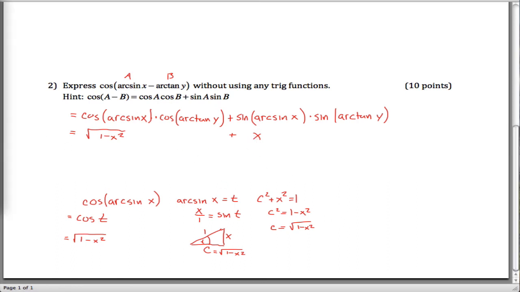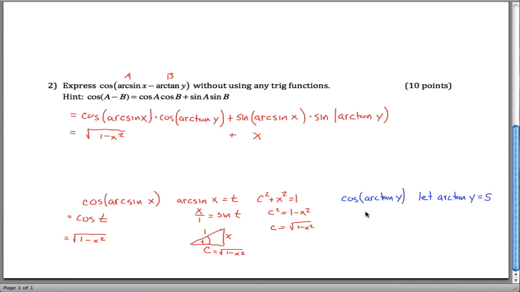Then I can repeat what I was doing over here, except now I'm going to figure out the cosine of arctangent of Y. I will give this arctangent of Y a name. Let arctangent of Y be equal to, how about S?